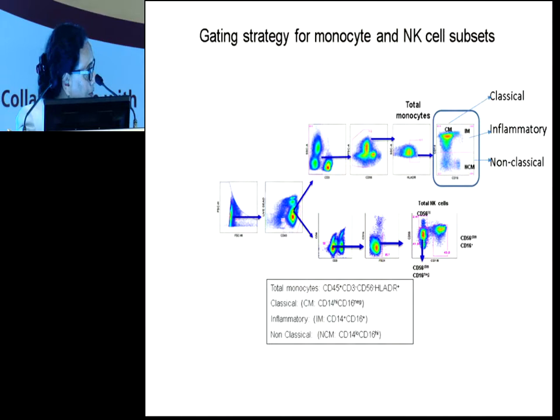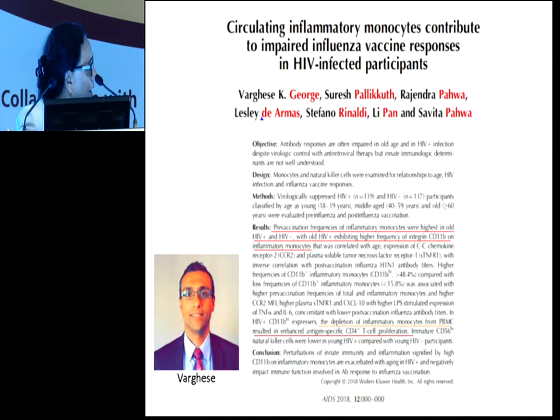They're quite distinct: classical, inflammatory, and non-classical, based on the markers that I told you. And Varghese, who was a postdoc in my lab, did this in the aging study and found that CD11B high expressing inflammatory monocytes were really detrimental for the vaccine response.